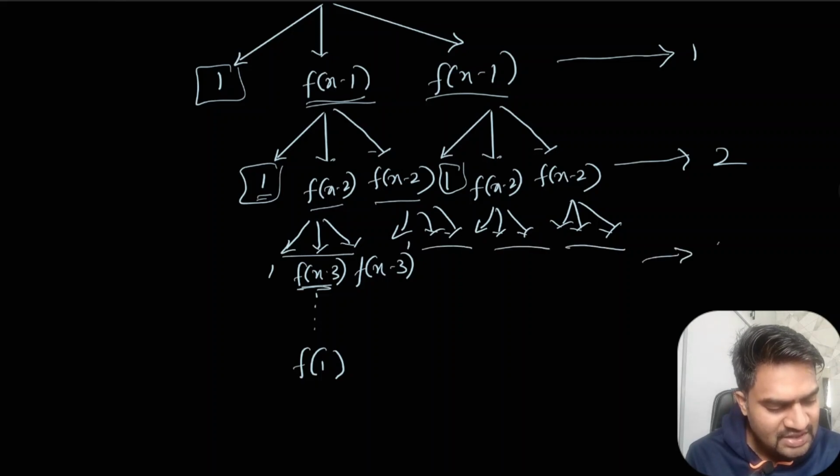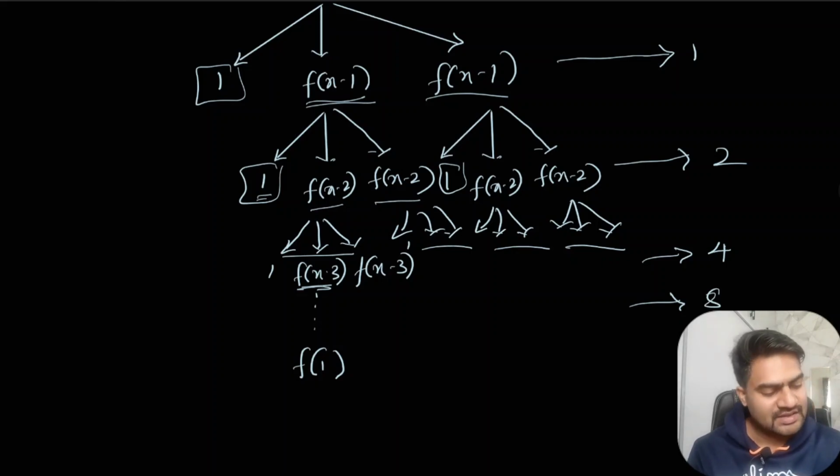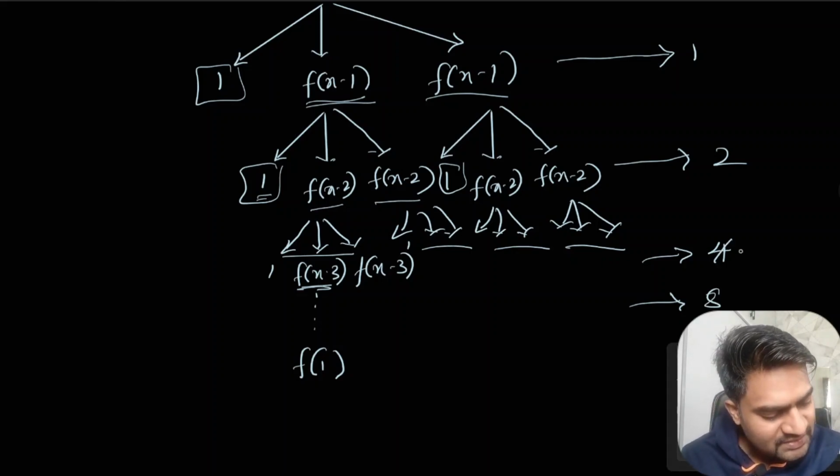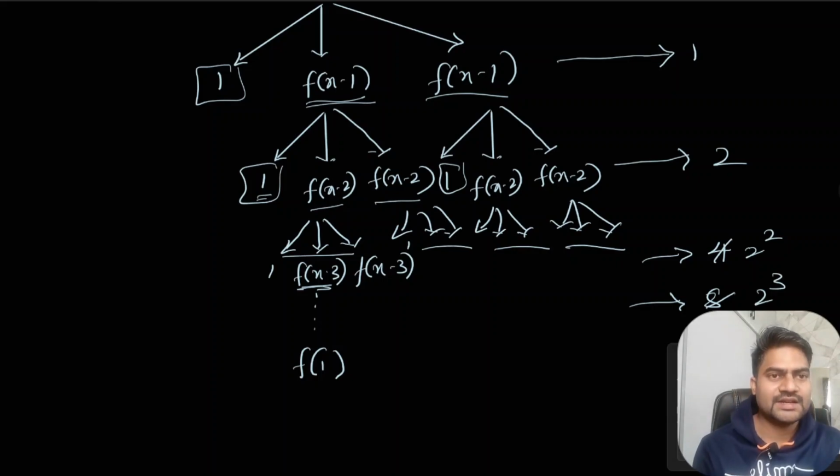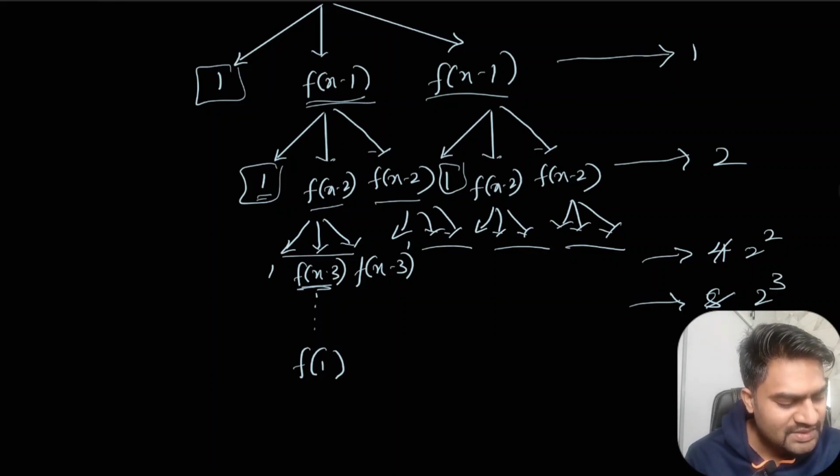So basically 4 units of work is done. Now, in the next iteration it is going to be 8, correct, right? And it will continue. So how can we write this? We can write it as 2 squared, 2 cubed, and so on, till some point 2 to the power k.